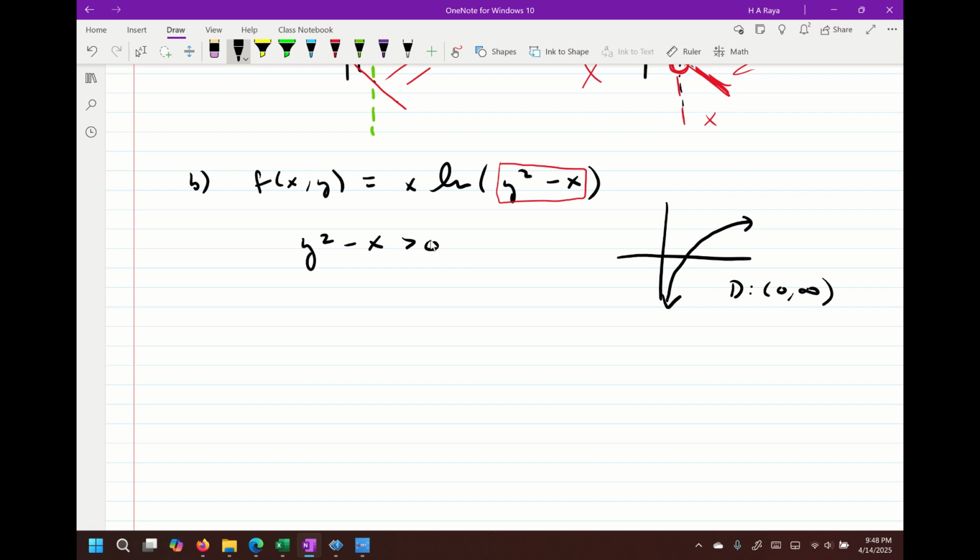So here you can move things around. This sort of looks like a parabola, except that this would be a parabola in y. So if I move the x over to the right hand side, I'll have this, and I'm going to flip these guys and have this inequality to get a better perspective of things.